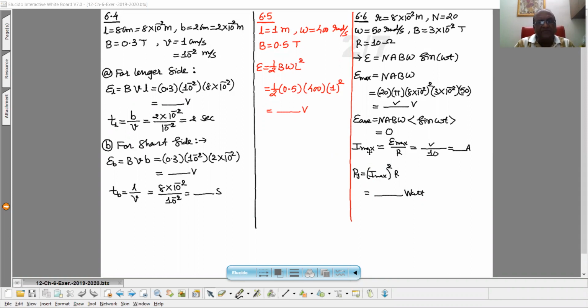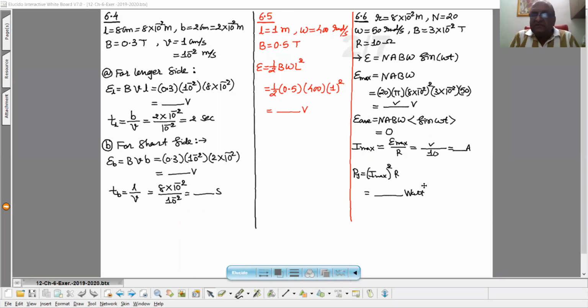Maximum current induced is E maximum upon R. E maximum is calculated here. Just substitute its value upon R, that is 10. You will get the answer. Then power dissipated in the form of Joule heat is I maximum square into R. I maximum is calculated, R is given to you.